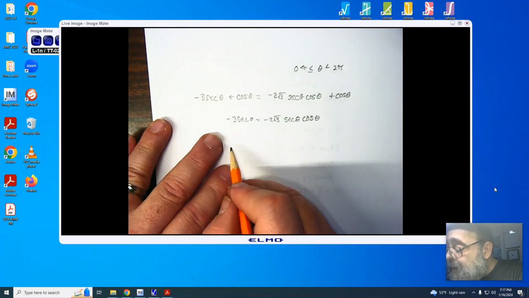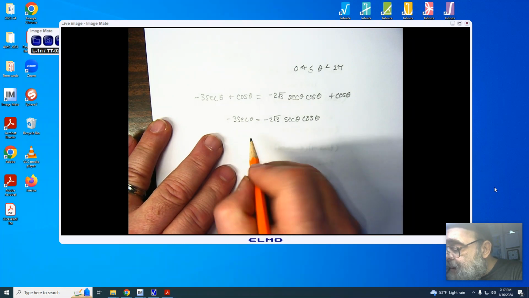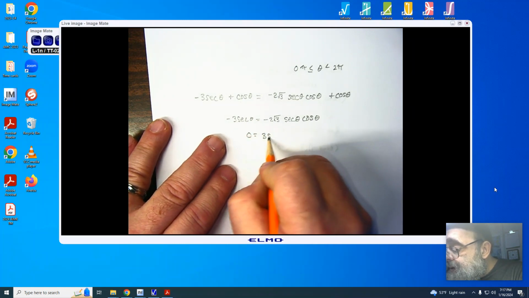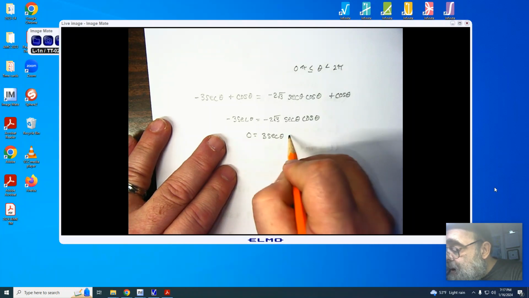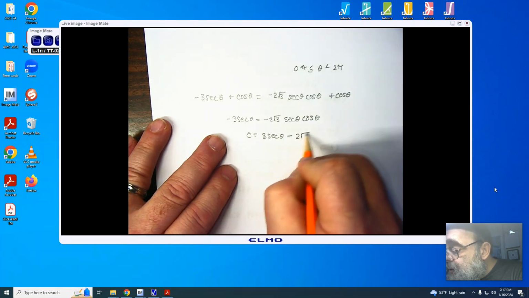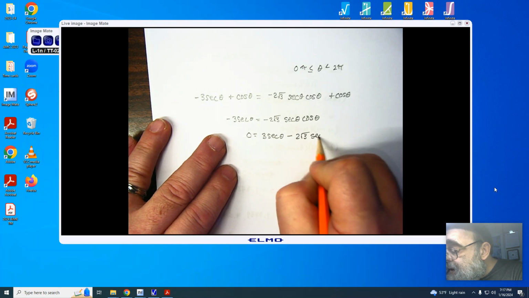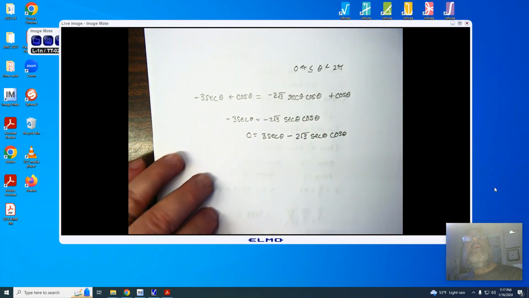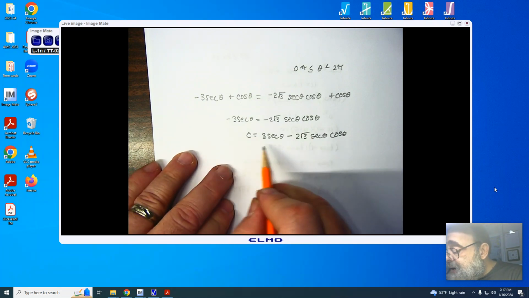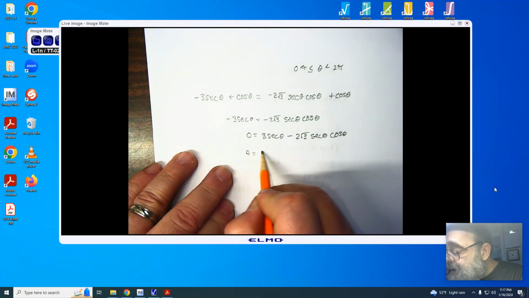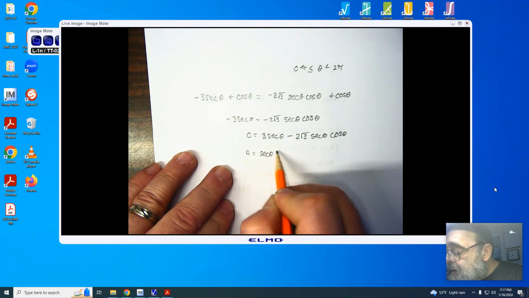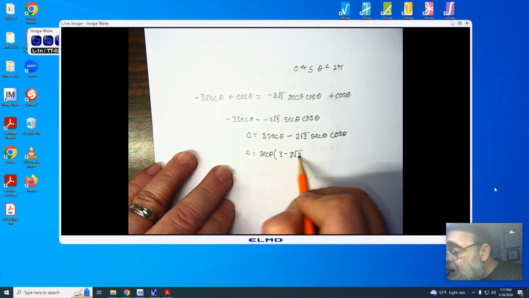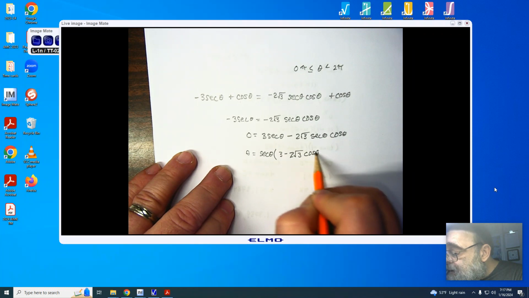I'm now going to have 0 equals 3 secant theta minus 2 root 3 secant theta cosine theta. I'm now going to go ahead and factor. So I can factor out the secant theta, and that leaves me with 3 minus 2 root 3 cosine theta.